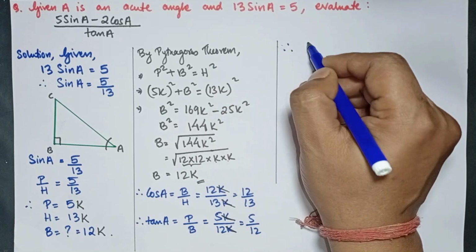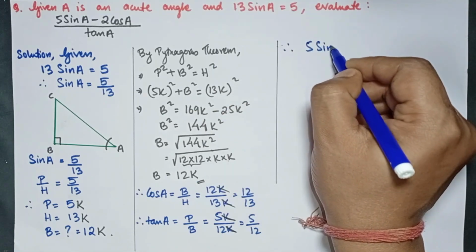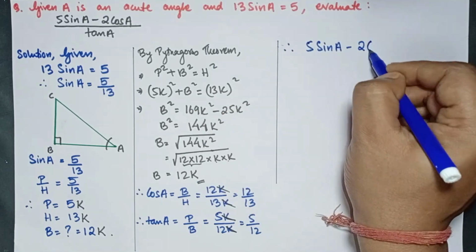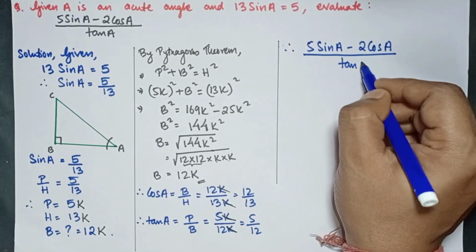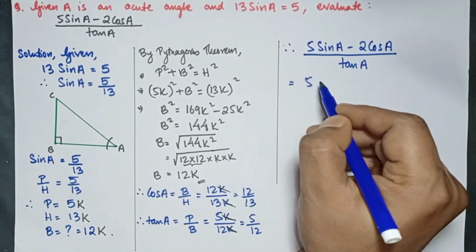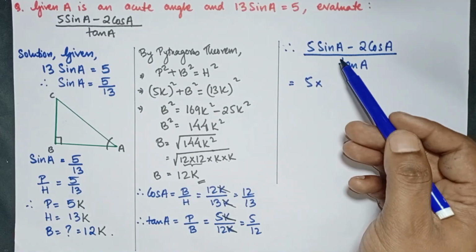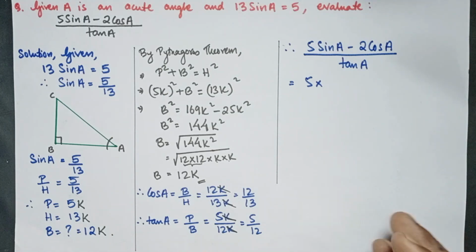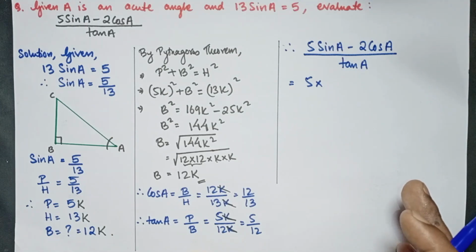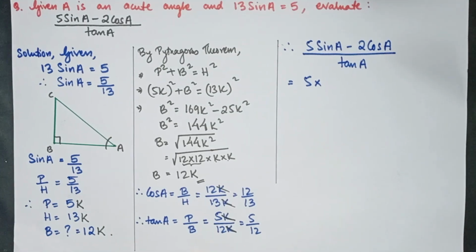Therefore, we have 5 sin a minus 2 cos a divided by tan a. Now directly I can put the values, otherwise you have to put the formula and then the values, so there may be a chance of mistakes.